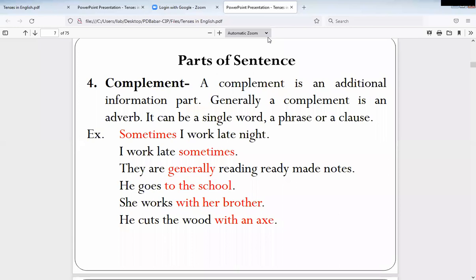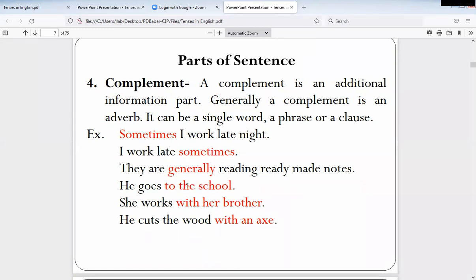Okay, because to the school is called a phrase. Okay, and is it called an adverb phrase, to the school? Okay, the school, no, it is not the adverb phrase, it is the noun phrase.